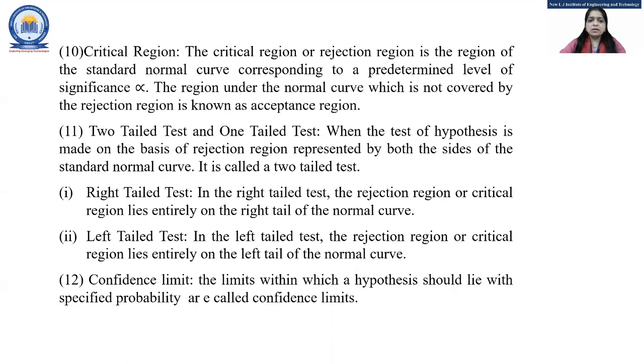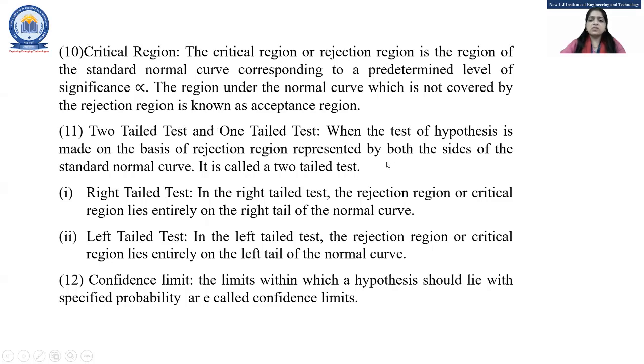The next is critical region. The critical region or rejection region is the region of the standard normal curve corresponding to a predetermined level of significance alpha. The region under the normal curve which is not covered by the rejection region is known as the acceptance region, right? And the two-tail test and one-tail test. What is the two-tail and one-tail?